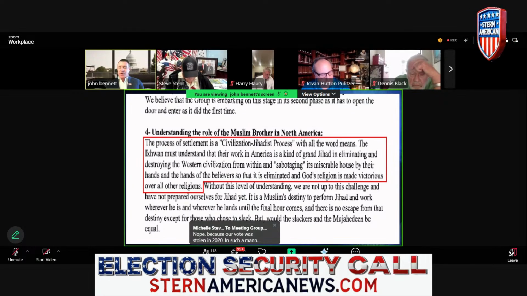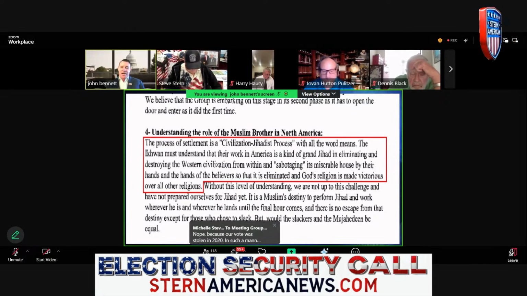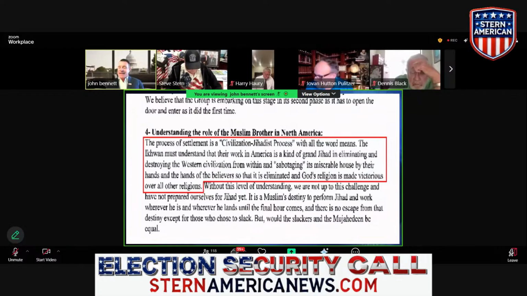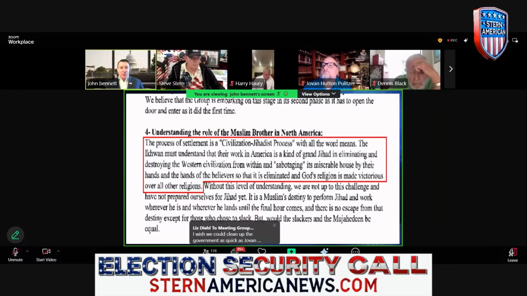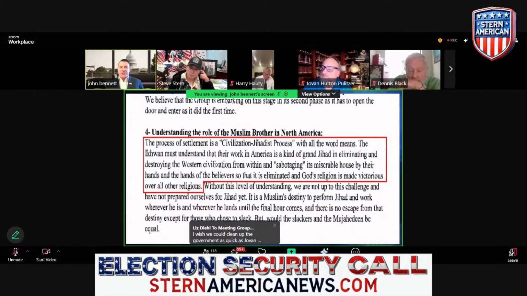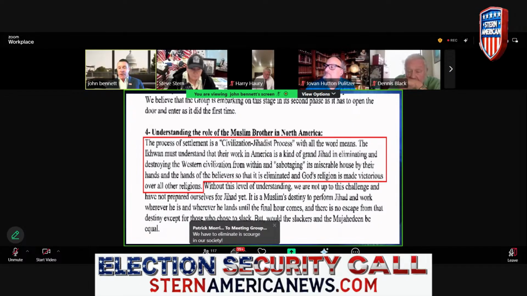The Ikhwan, the Muslim Brothers, must understand that their work in America is kind of a grand jihad in eliminating and destroying the Western civilization from within and sabotaging its miserable house by their hands. That's all non-Muslims and primarily the communists and Marxists in the hands of the believers, so that it is eliminated and God's religion is made victorious over all other religions. And they're talking about Sharia law.